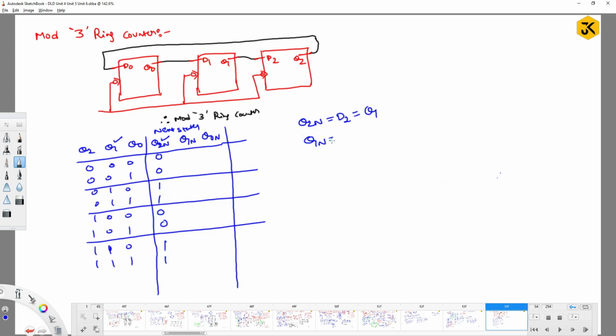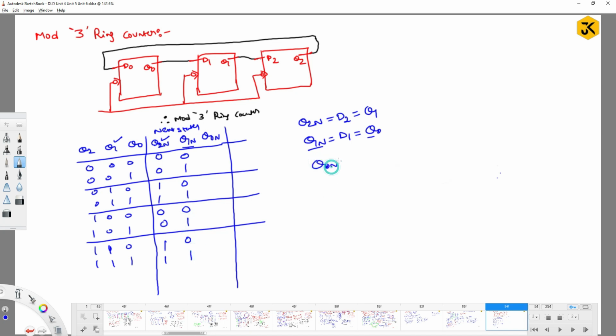Coming to Q1n, D1 is Q0, so Q1n can be written directly with the help of Q0: 0 1 0 1 0 1 0 1.